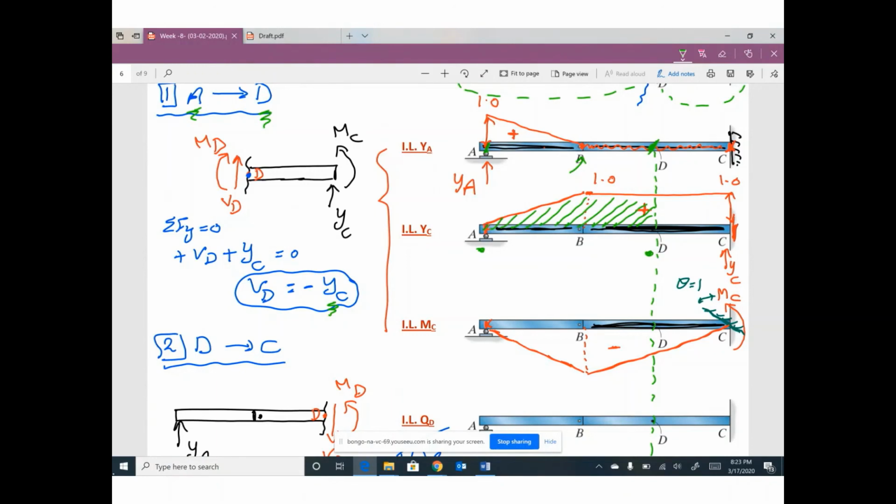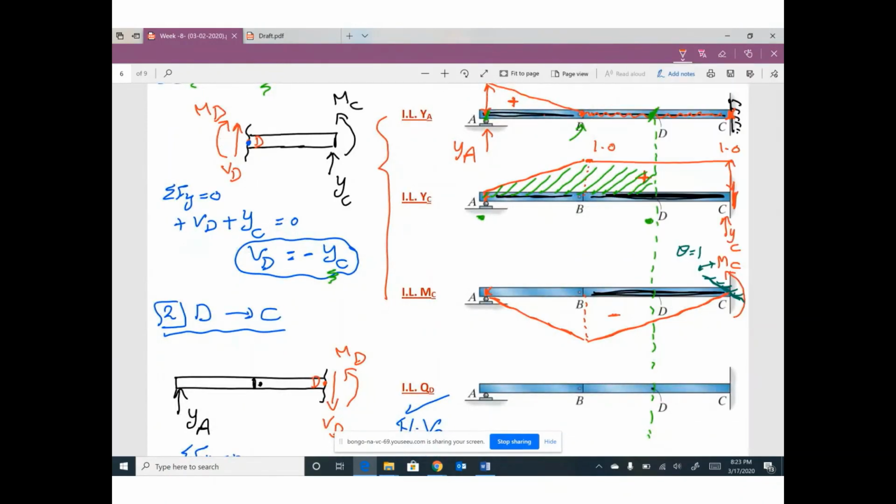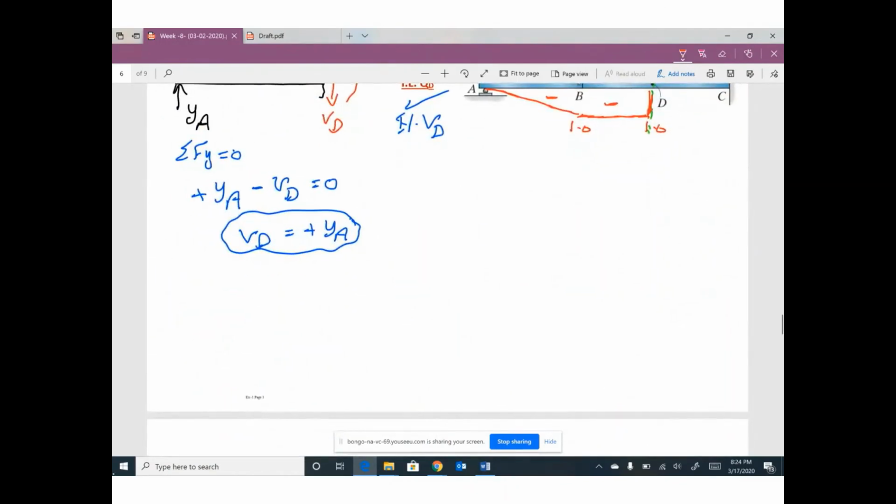Can you multiply this diagram by negative and put it here? Yeah. So this diagram will be multiplied by negative, so it will be like this. This value is 1 positive, will be 1 negative. This value is 1 positive, will be 1 negative. Here is the diagram.